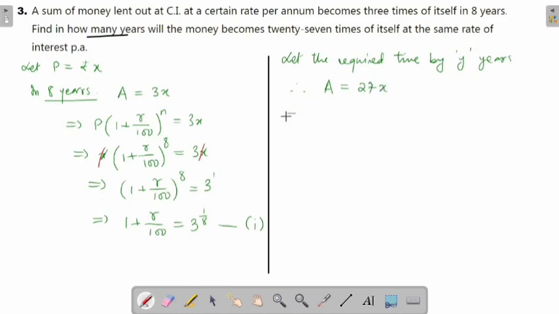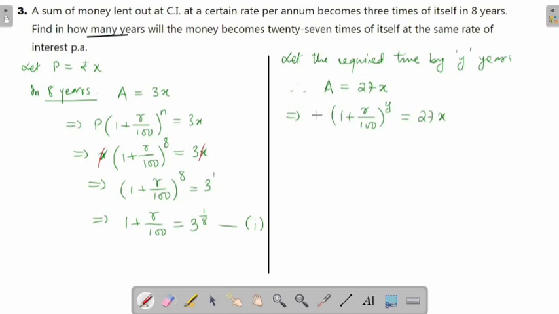Again let me put the formula. It is P into (1 plus r by 100) to the power n. In place of n we will write y because we don't know the value of time, and this is equal to 27x. What is the principal? The principal is x, so in place of P let me write x.